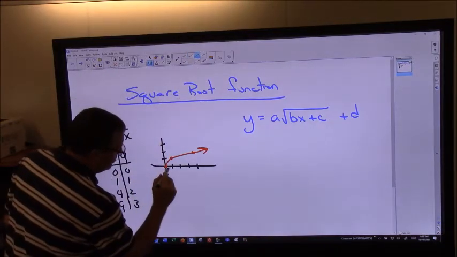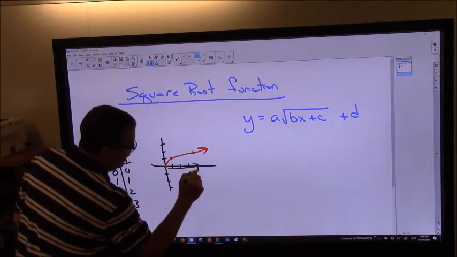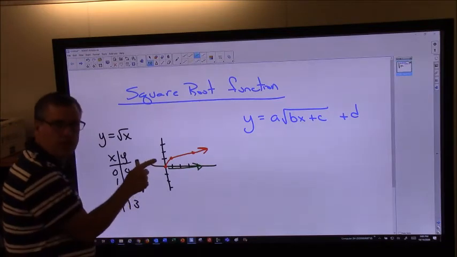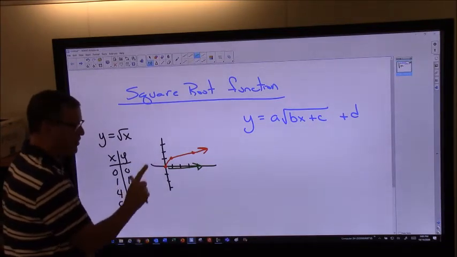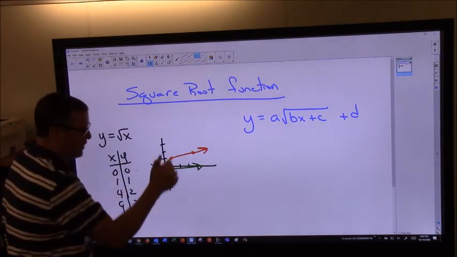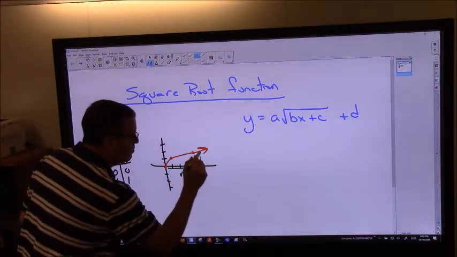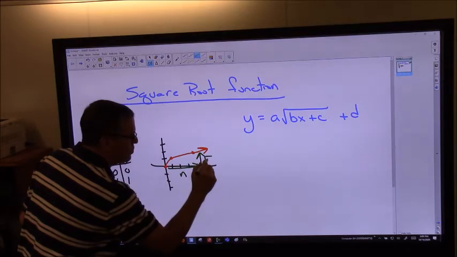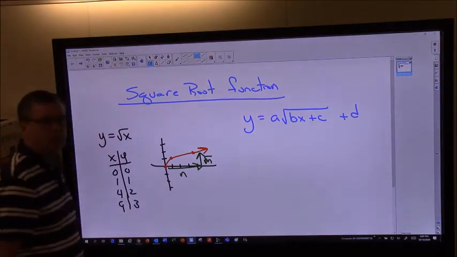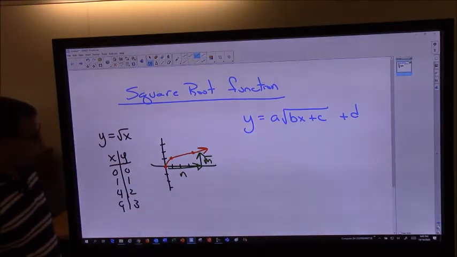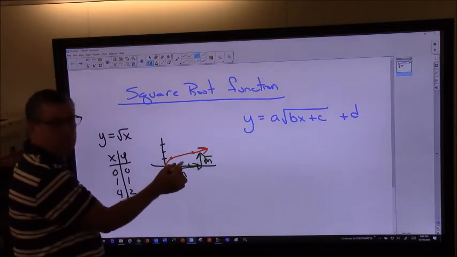The idea is this. However far you move away from the starting point, because the graph starts here and then goes off this direction, what you need to do is go up the square root of that number. Even if you only go 3 units.